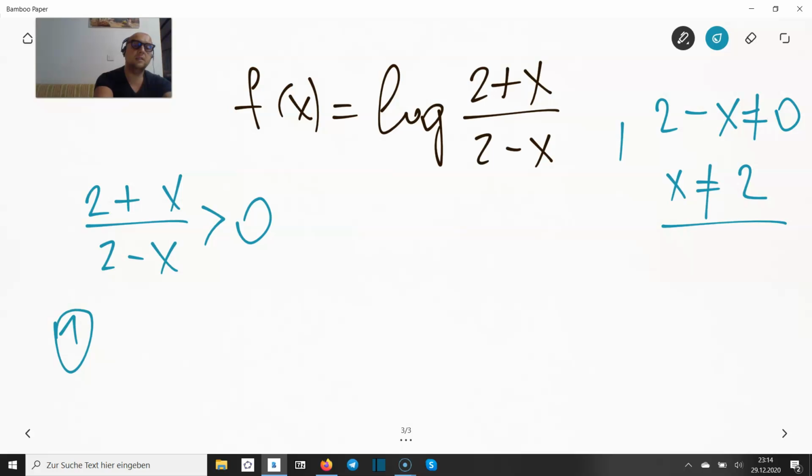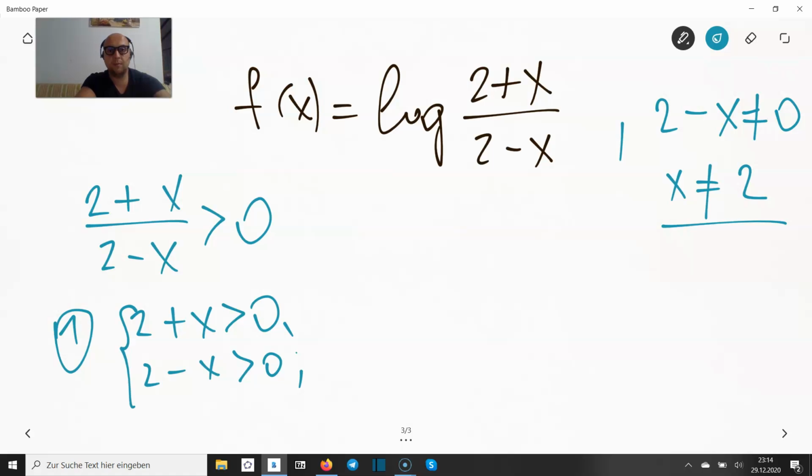First case, let's have 2 plus x positive and 2 minus x positive as well. So this is a system of inequalities. Is it possible to fulfill them simultaneously? Let's see. That would be x bigger than minus 2, and if I bring x over, x smaller than 2.